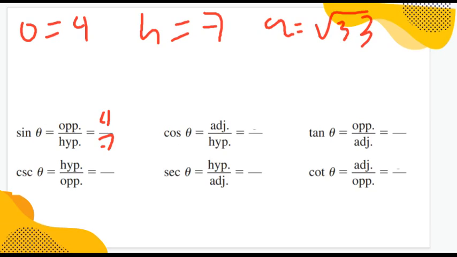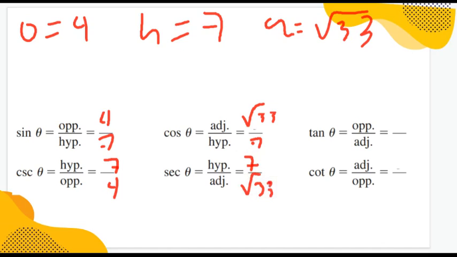Just get the reciprocal of sine theta, that is the cosecant theta, 7 over 4. Next, we have cosine theta, adjacent, square root of 33 over hypotenuse, 7. Next, get the reciprocal of cosine theta, that is secant theta, hypotenuse, 7, all over adjacent, square root of 33.